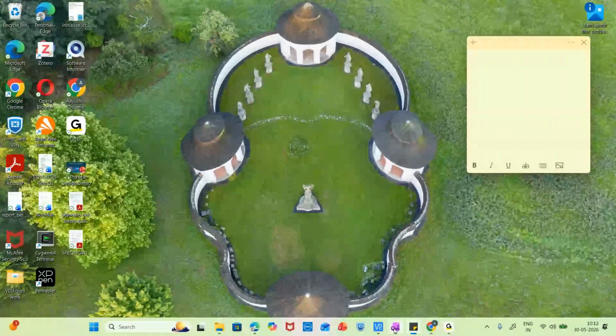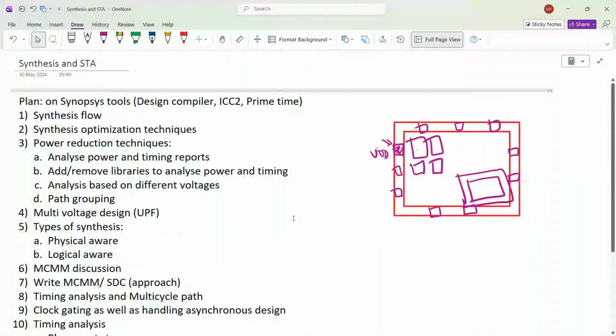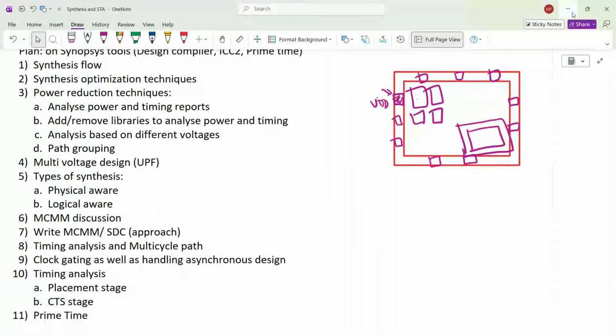Then we'll just move ahead with the prerequisites. Just give me a minute before that.